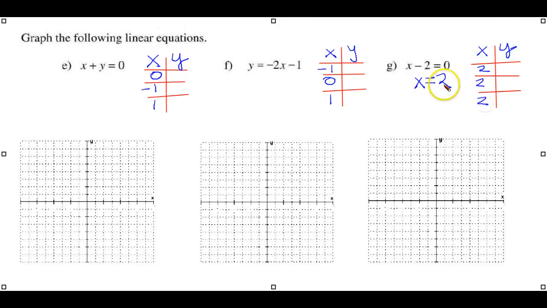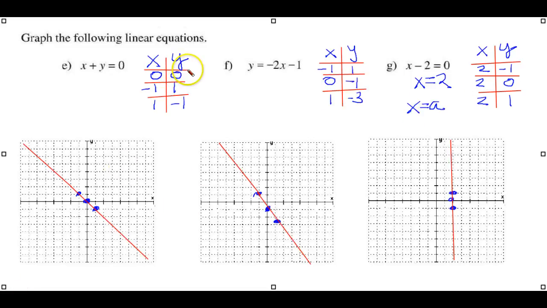So what do we do for y? Well, we can put any value here. -1, 0, 1. Okay, so let's take some time solving the equation for these values, and then we'll graph them. Okay, got these values, plotted them, and that's what the graph looks like.